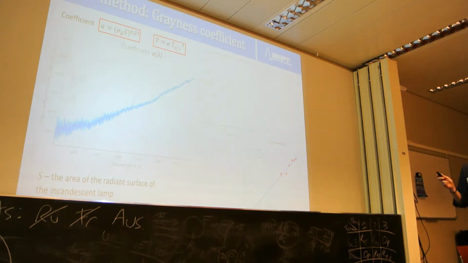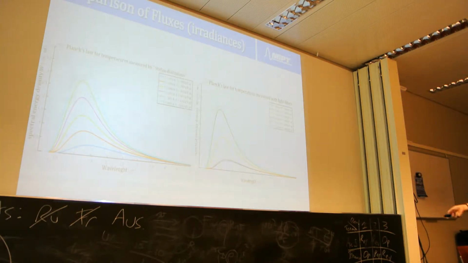This coefficient shows how this source resembles a black body. You can see the comparison of color temperature in the first method and in the second method. It's the irradiance for 2 methods, for 6 points, because I have different power on our photocell or on our incandescent lamp.